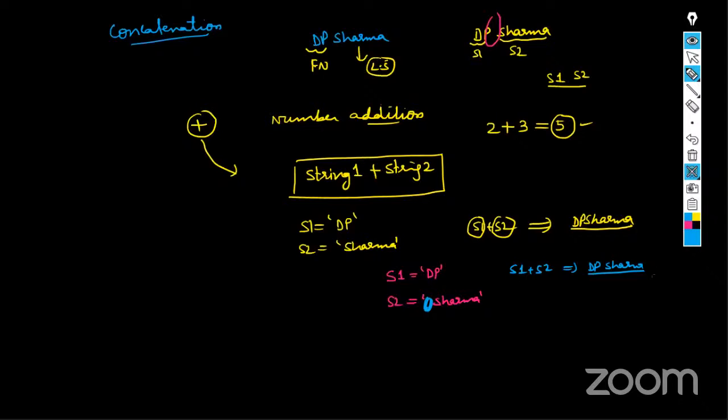So guys, please make a note: whenever you are doing concatenation with the plus operator in Python, the first requirement is that plus needs two strings, one before the plus operator and one after. Then only will the plus operator do the concatenation for us. Otherwise, the plus operator by default is for adding two numbers, guys.